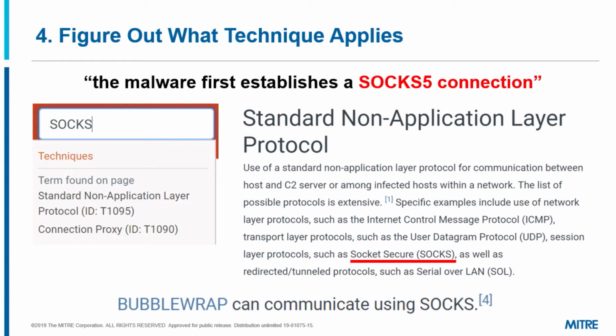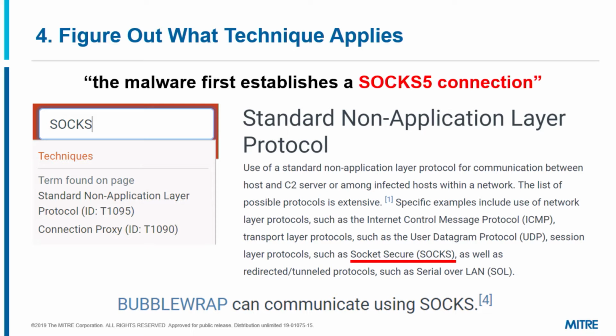Diving into our example details again, we see the malware first establishes a SOCKS5 connection in that description. And we learned about SOCKS from Wikipedia, so we try searching. Try a search of the ATT&CK website for SOCKS and see what pops up. In this case, we got lucky, and we find that the term SOCKS is in the description for the technique Standard Non-Application Layer Protocol.